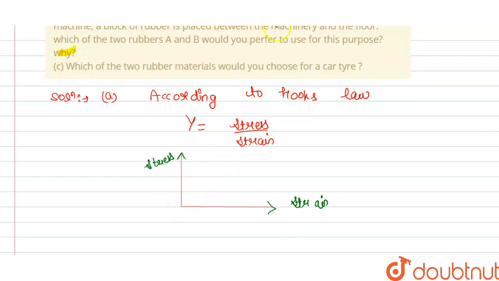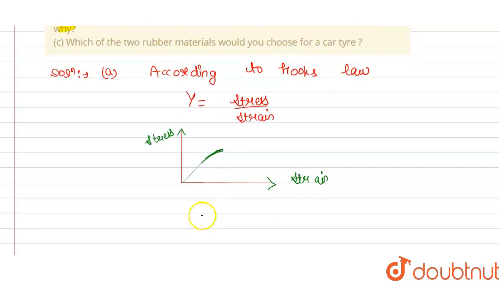In Hooke's law, the graph is a straight line up to some point, then after it has the elastic point, it starts moving in a curve shape, and after that it has a breaking point. So our graph is firstly straight up to some point, then the elastic point here, and then the breaking point.